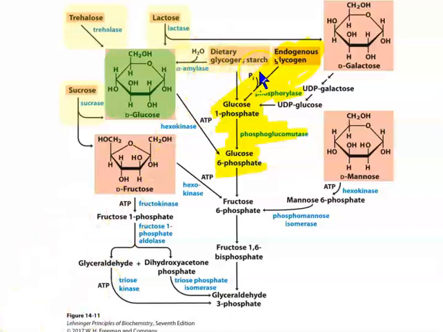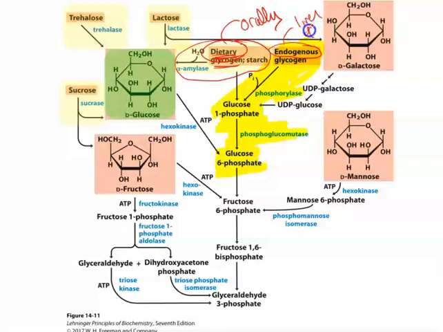Let's look at the approach to gathering starting glucoses from dietary glycogen and starch. So this is dietary glycogen, meaning that we've consumed it orally. This is endogenous glycogen, meaning that it came from liver or skeletal muscle. Dietary glycogen, along with starch, can be digested by alpha amylase, which is a hydrolase enzyme.